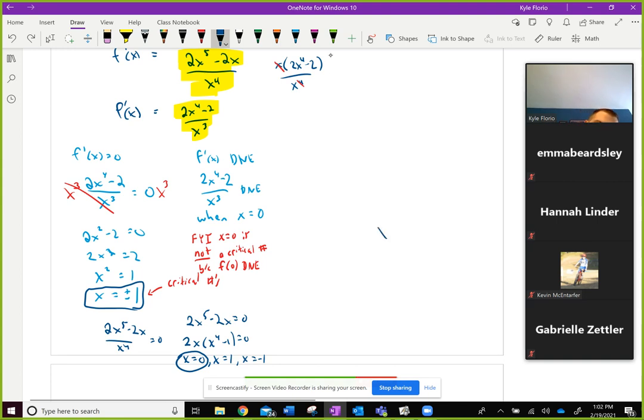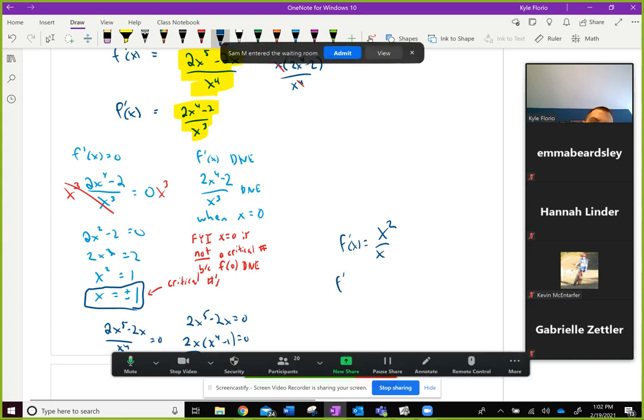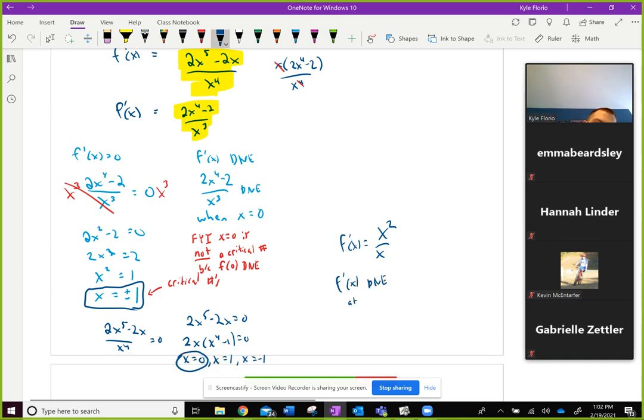If I had something weird like x squared over x, this would be a tricky one, because if you leave it alone, then the derivative would not exist at x equals 0, because you'd be dividing by 0.